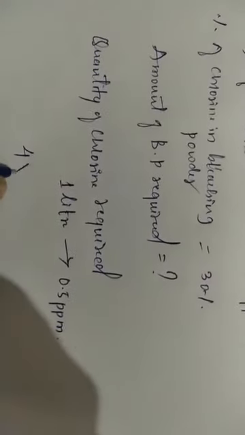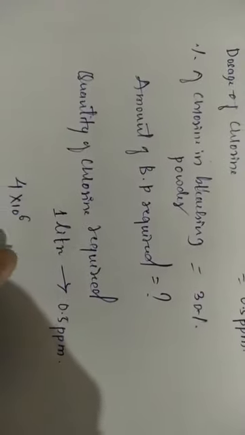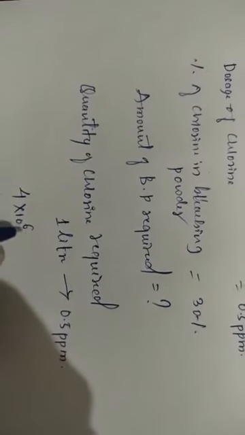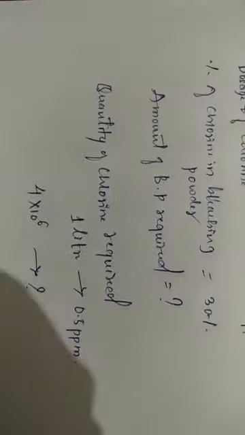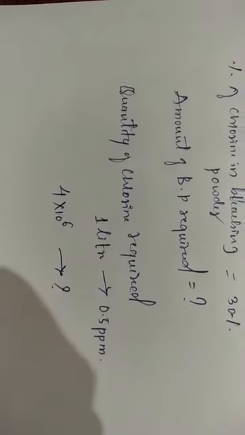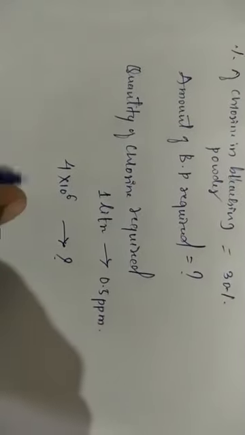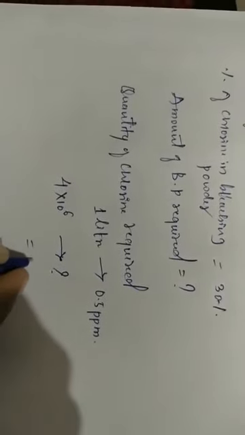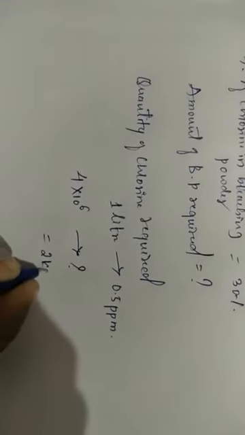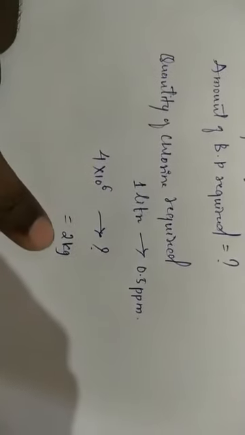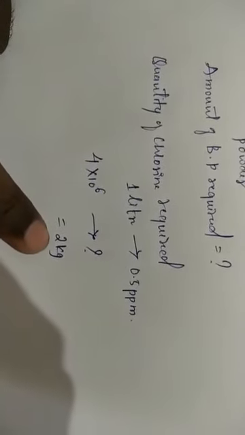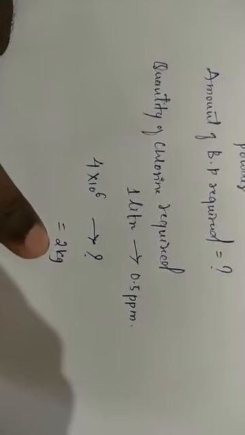So for 10 raised to 6 liters, 4 million liters of water, what quantity of chlorine is required? By calculating this you will get 2 kg. So for this quantity of water, 2 kg of chlorine is required.